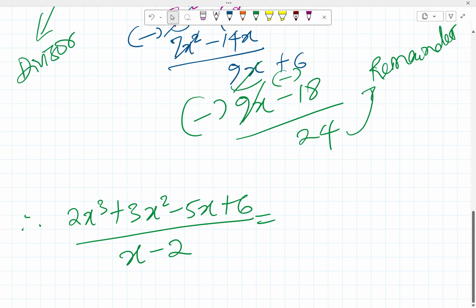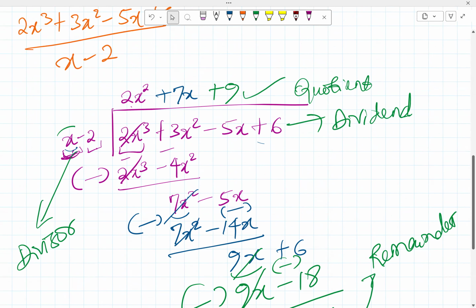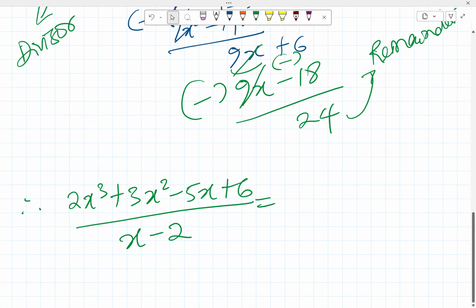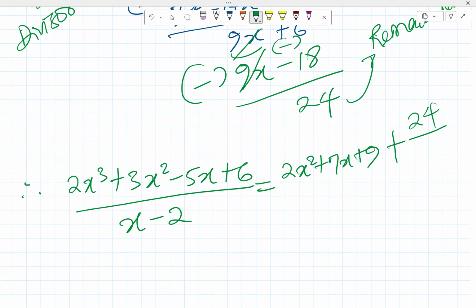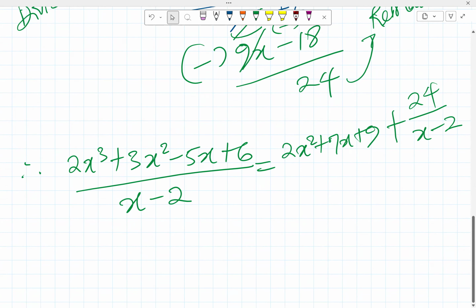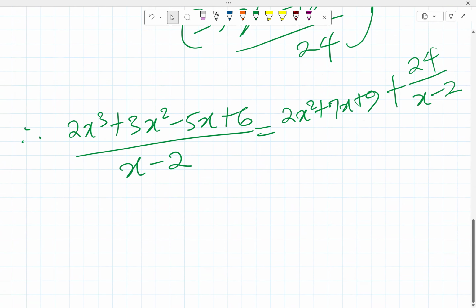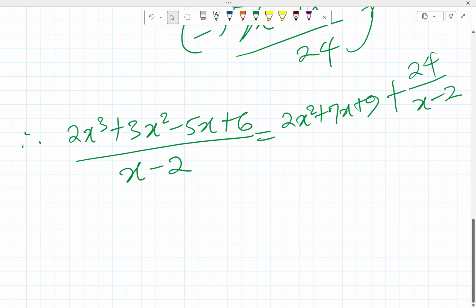Okay. So now, this is equal to the quotient 2x squared plus 7x plus 9. So you have 2x squared plus 7x plus 9. All right. Then plus the remainder, that's 24, all over the divisor. Okay. So if you like, you can still express that and say this is the same thing as, you multiply through by x minus 2 now.